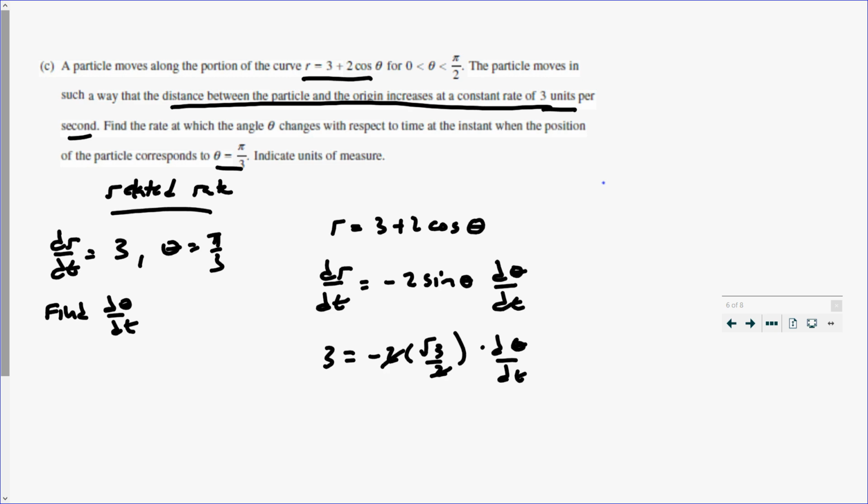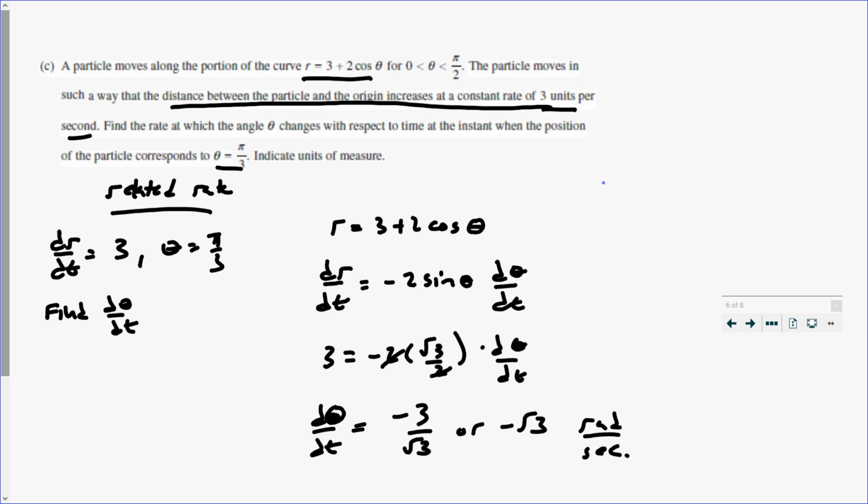Here, those cancel. And what you're left with is d theta dt equals negative 3 over root 3. And you can leave it like this, or you can just write that as negative root 3. Theta is measured in radians per second.